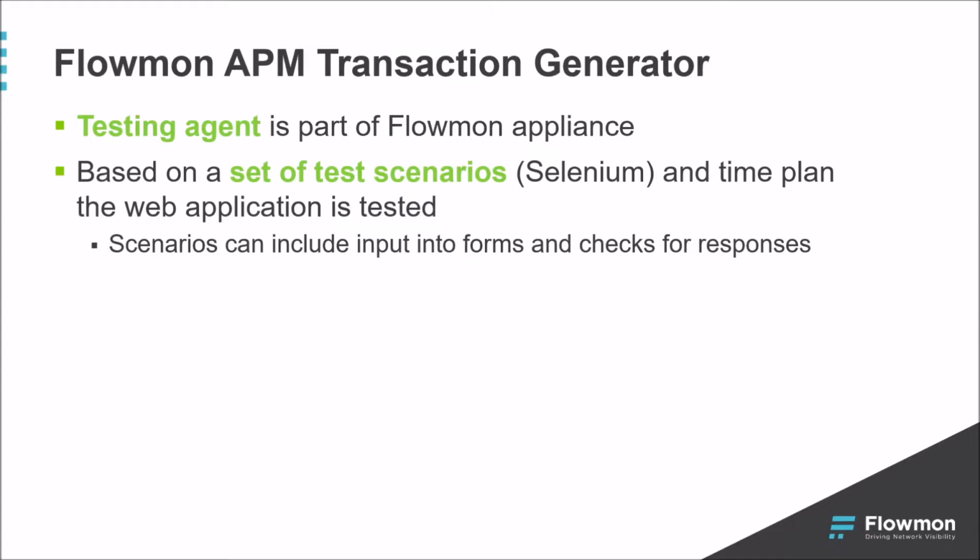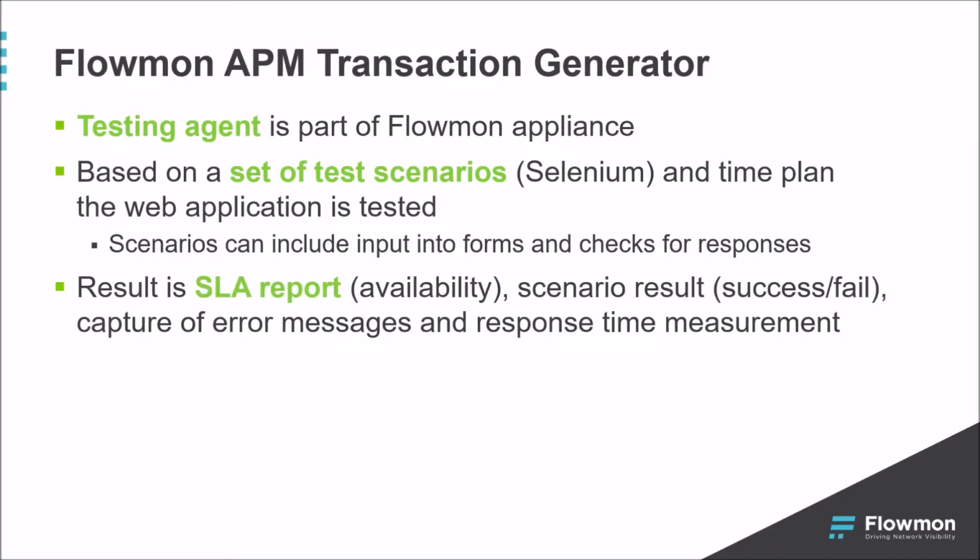It can be a probe, it can be a collector, either virtual or hardware, and you provide some test scenarios which run in the time plan you define, and the testing agent tests the web application. In the test scenarios, you can also provide some inputs into the forms, for example, logins, etc. And you can also check for the responses.